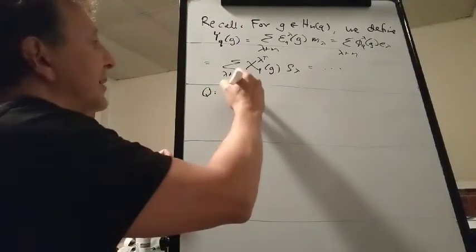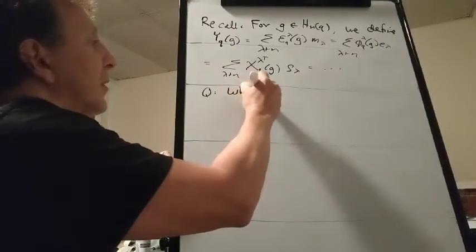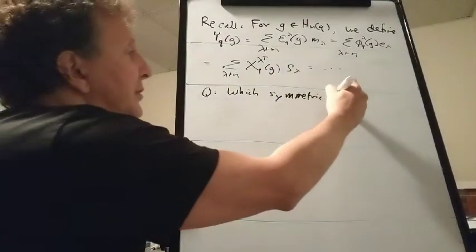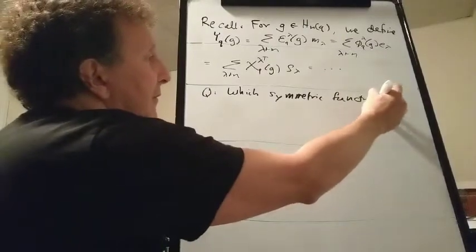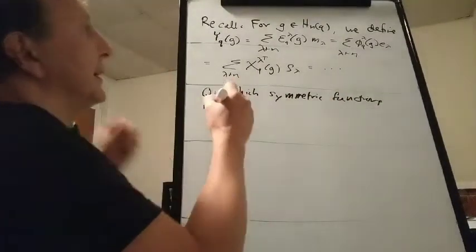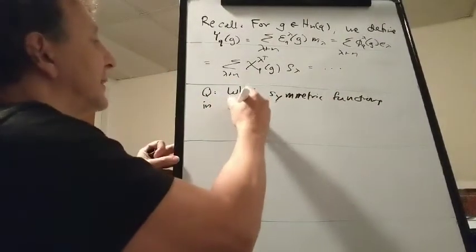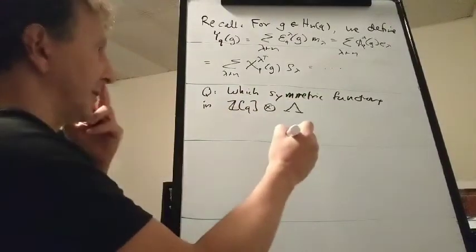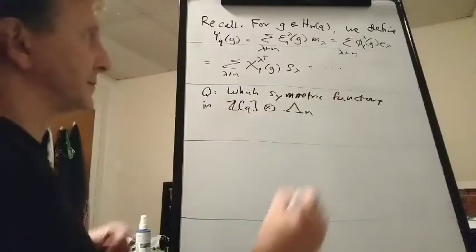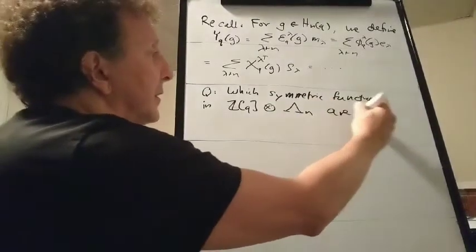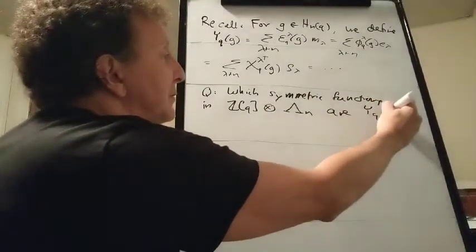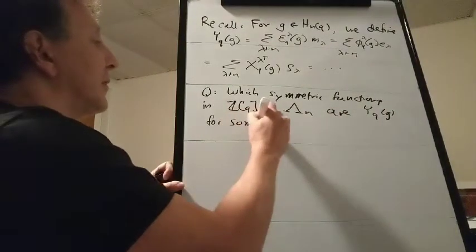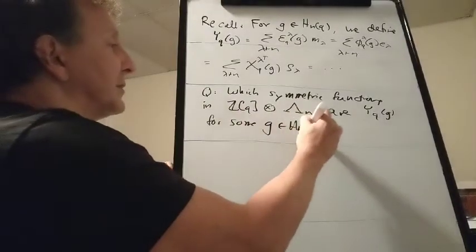So it's natural to ask which symmetric functions in C[q] tensor symmetric functions are y_q of g for some g in the Hecke algebra.